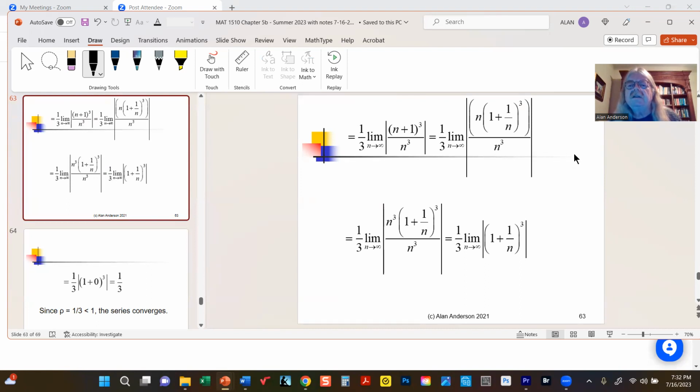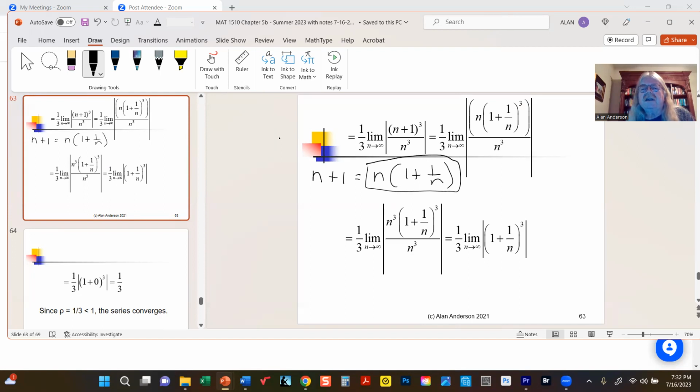Well, let's see. Here's an idea. It looks strange, but we're going to factor n out of n plus 1.